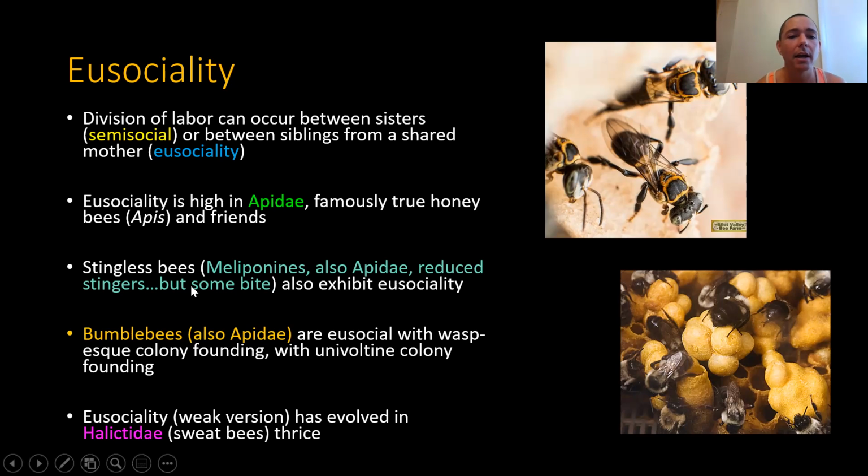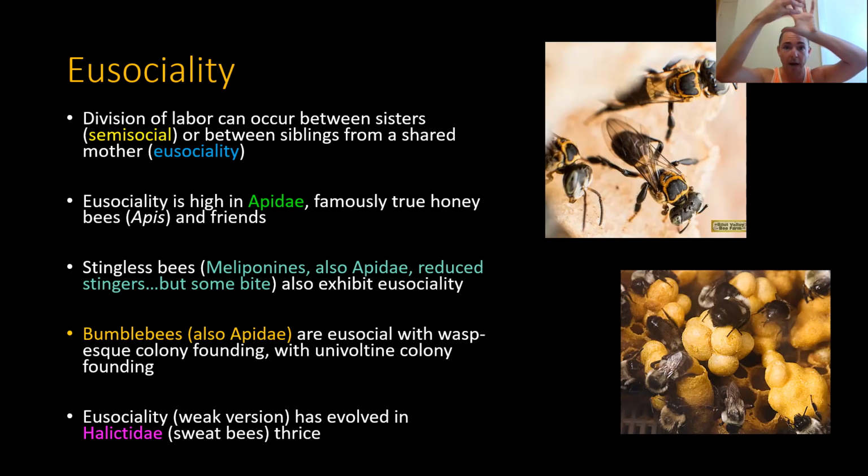Apidae, honeybees, and meliponine bees, the stingless bees, produce new colonies by swarming. So unlike ants that have those mating flights that then the queens that are inseminated descend onto the ground and form their own colonies, eusocial honeybees and eusocial stingless bees create new colonies through swarming.